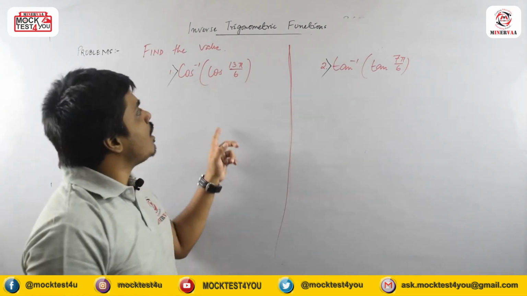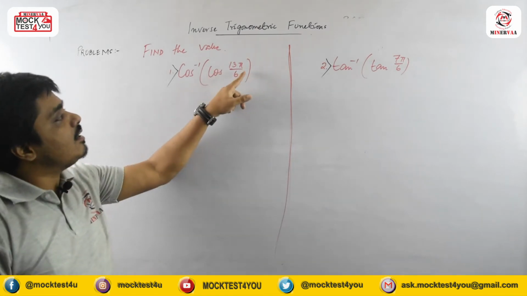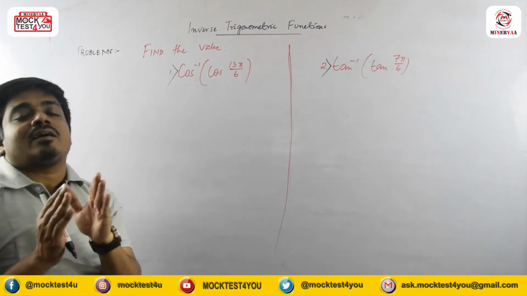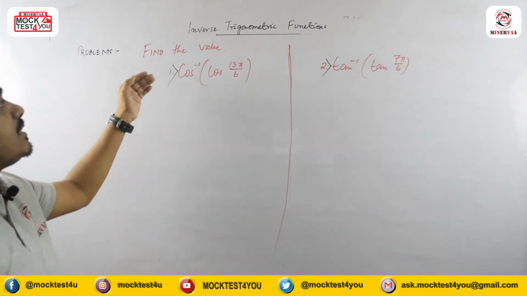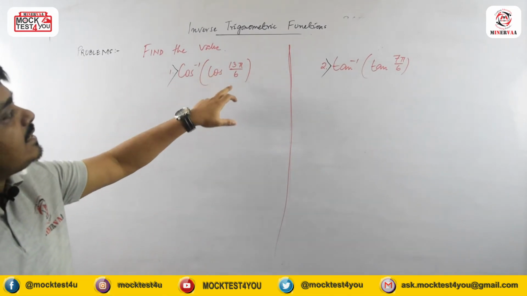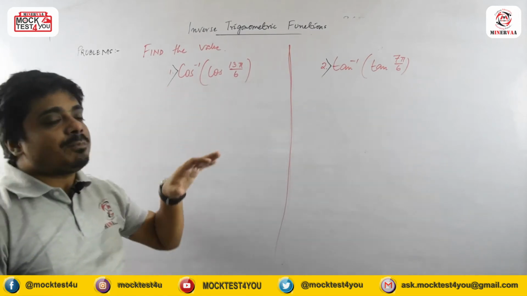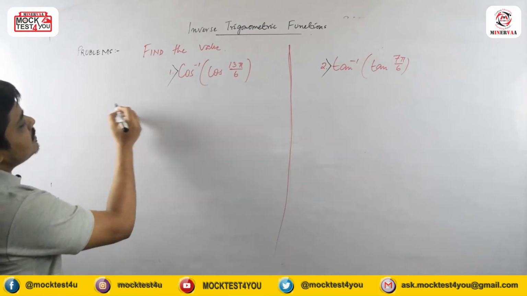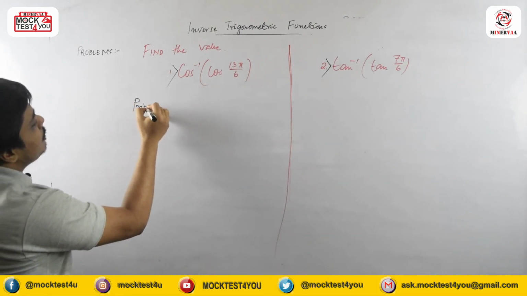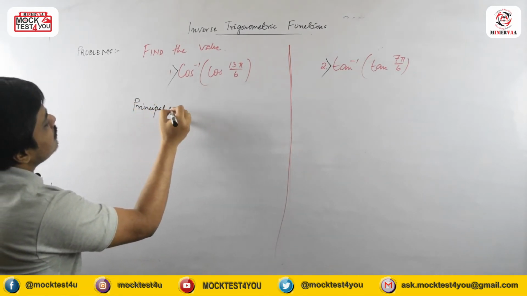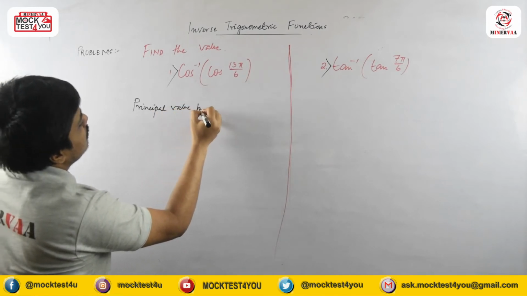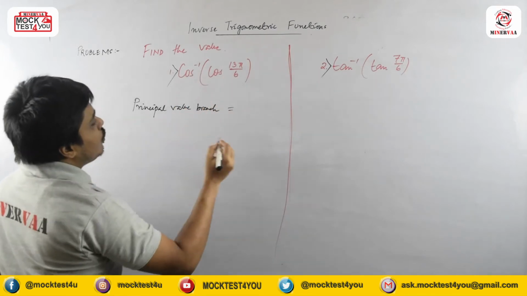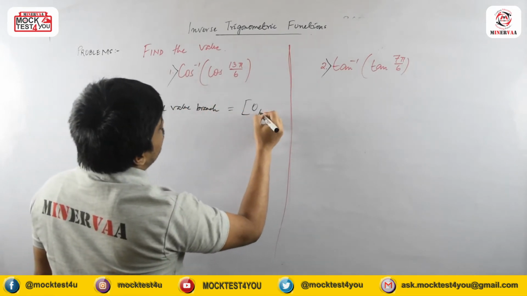The condition is that whatever is inside the cos has to be within the principal value branch of this inverse function. So if I see 13 pi by 6, what was the principal value branch of the cos inverse function? The principal value branch was 0 to pi.